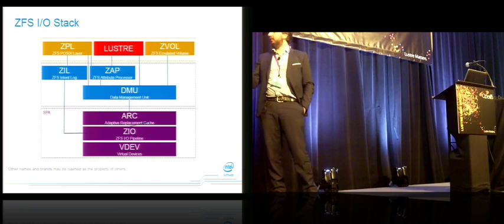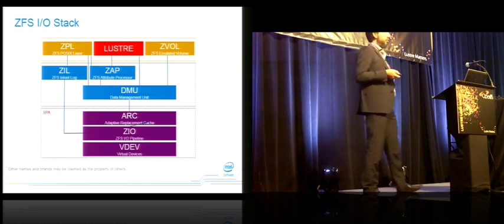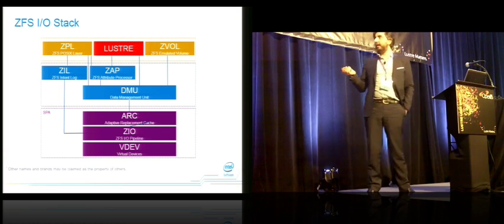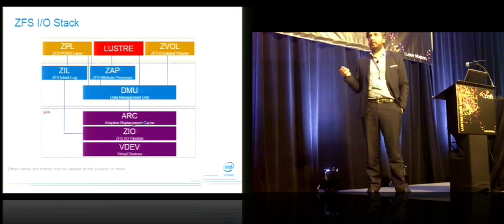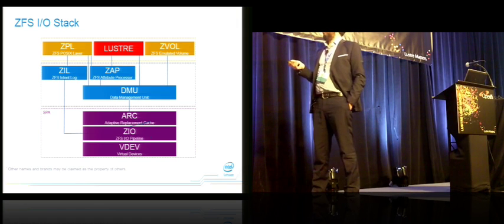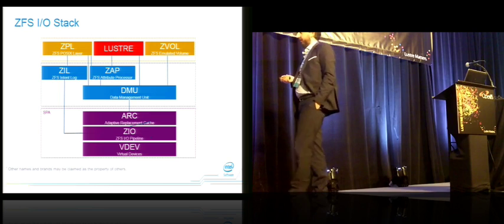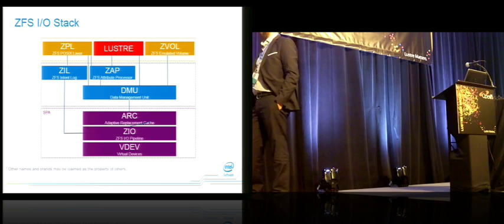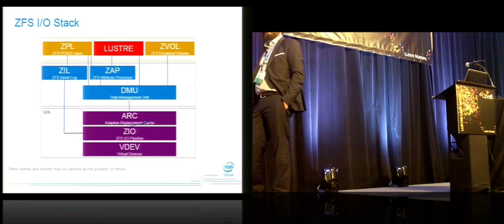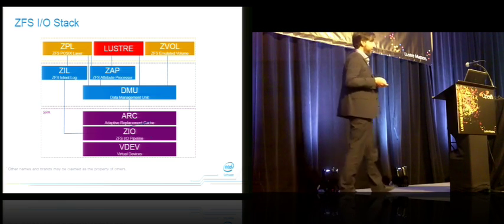So this means that the ZIL, the ZFS intent log, is not supported, but L2ARC devices are very well supported. The process to implement the ZIO device is under very heavy development at this moment.